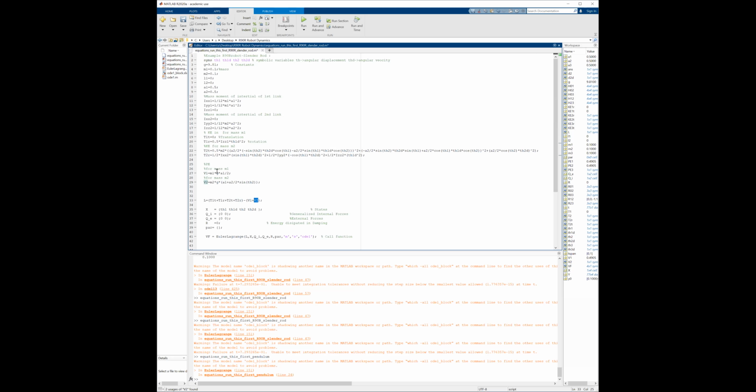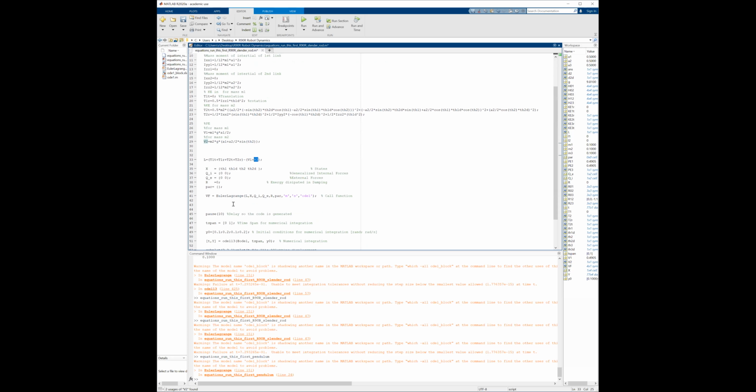Now, once we have set up the Lagrangian, everything else, let's quickly go through it. Our states are theta 1 dot, theta 2 dot. There is no external force, so we have zeros because 2 degrees of freedom.